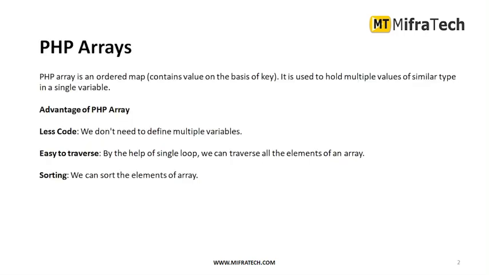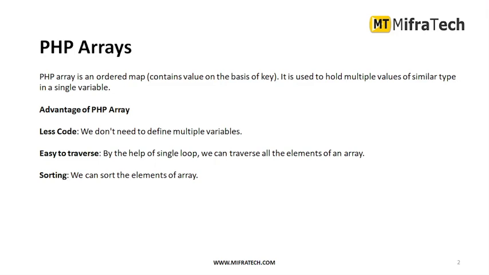PHP array is an ordered map, which contains values on the basis of a key. It is used to hold multiple values of a similar type in a single variable, and it can hold multiple values under the same key in a single variable also.